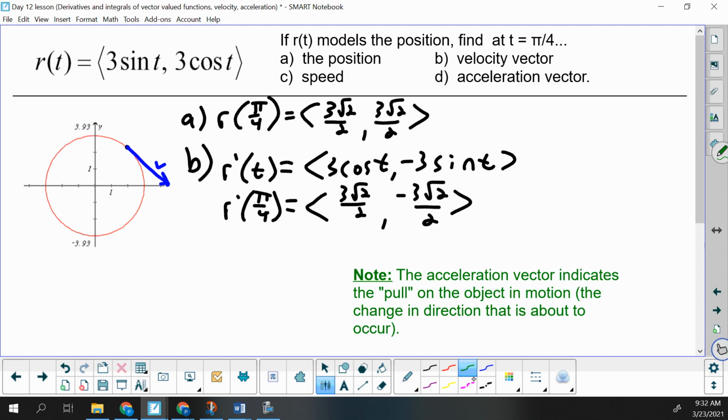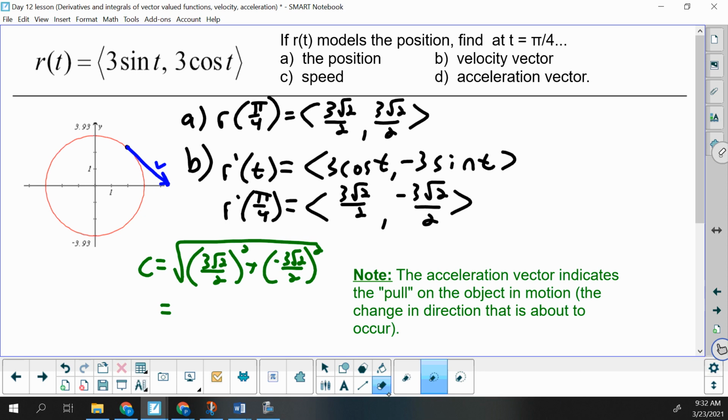For c, we want the speed. C is just the magnitude of our velocity vector. So we're going to have the square root of 3 radical 2 over 2 squared plus negative 3 radical 2 over 2 all squared. I should label this as question C. We're doing the magnitude of r prime of pi over 4, which is the same as the speed.